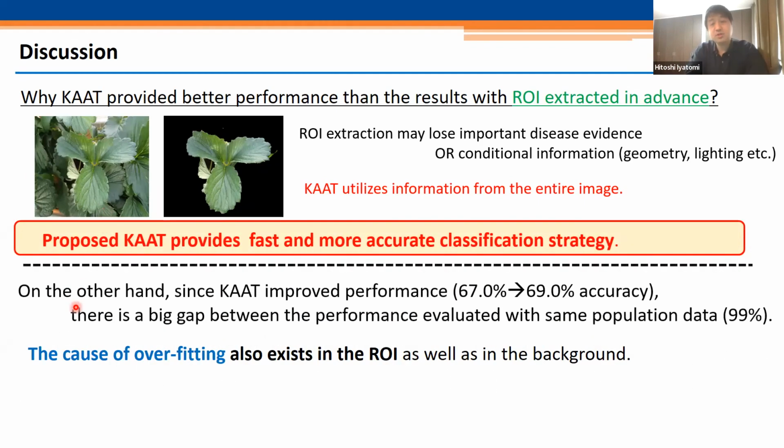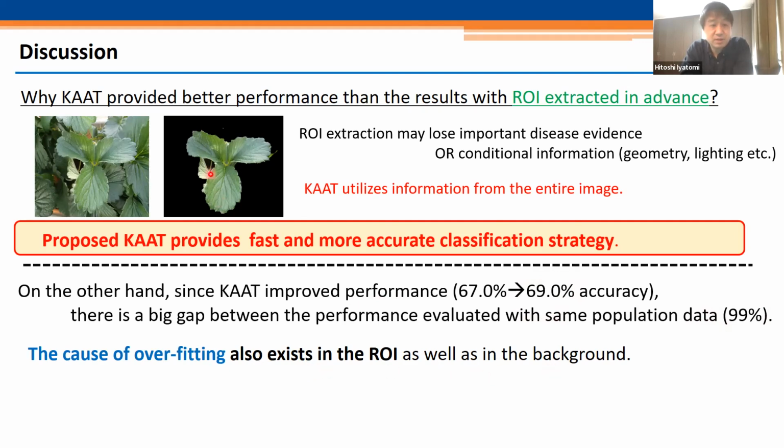On the other hand, although CAT improved the performance from 67 to 69, there is a big gap between this and the 99% from the same-population data set. This means that the cause of overfitting also exists in the ROI as well as in the background.